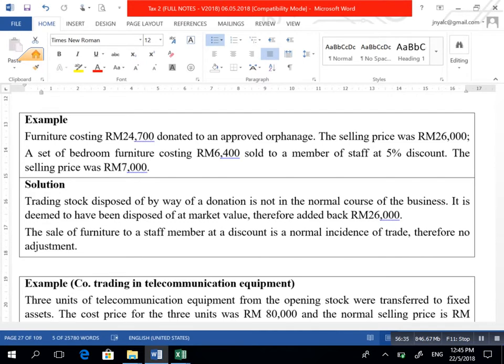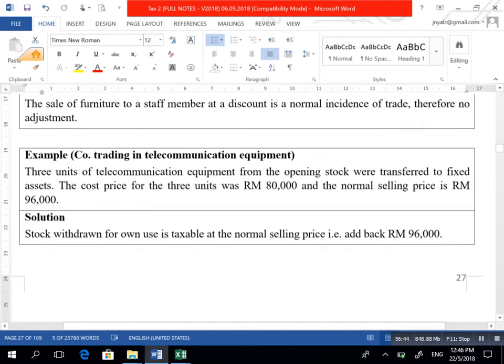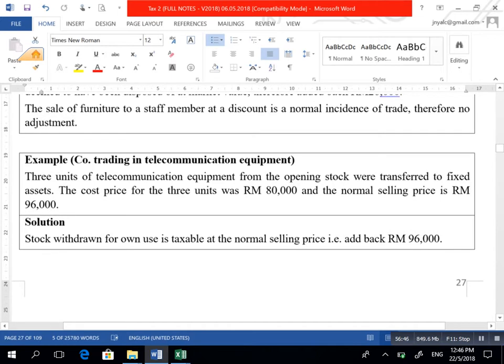Then you can see one more example here. Telecommunication equipment. Class, 3 units of telecommunication equipment, like phones, from the opening stock were transferred to fixed asset.